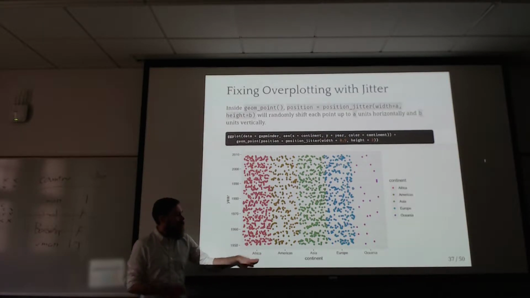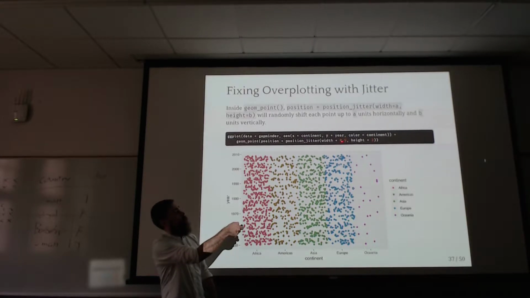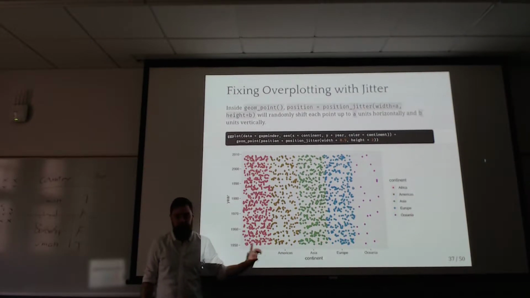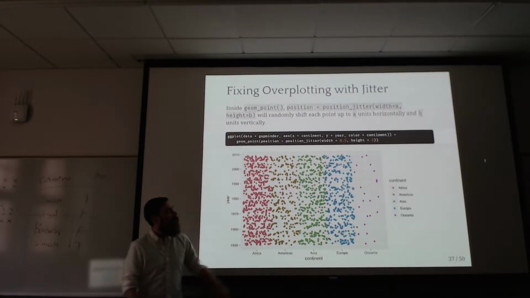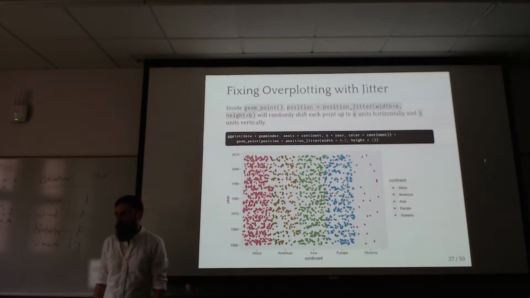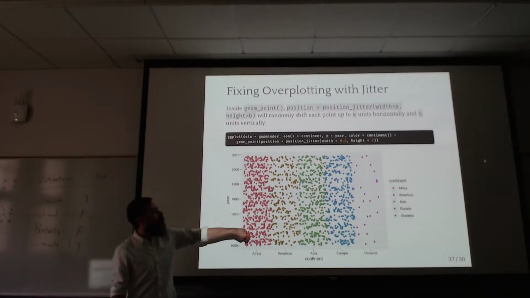The units down here on continent are just a unit of 1 between Africa and the Americas. So I've jittered it 0.5 so that they will come up to halfway away from the center point and no further, so they don't overlap. And then I've done 2 years up and down because the data are separated by, what, like 5 or 6 years, something like that. So it just randomly shifts them out.